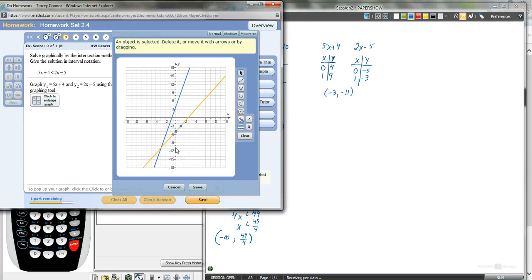So if we were to go ahead and solve this, first of all, the intersection method is telling you that y1 is this first equation that you graphed right here, and we're looking for when it's less than this other equation here. So we're looking for when this line here is below. If it was greater than, we would want to look for when this line is above.